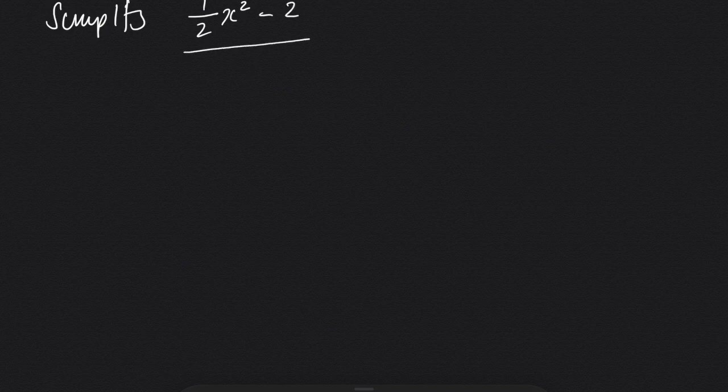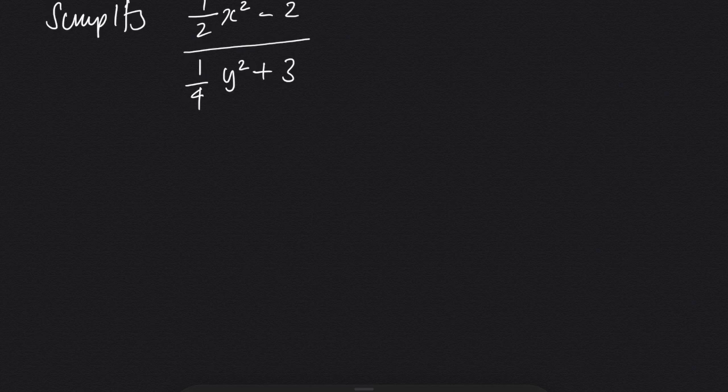Okay, so I whizzed through that one. I went quite quick. We're going to go on to something a little bit more tricky now. What happens if we have the question simplify a half x squared minus 2 all over a quarter y squared plus 3? Well, this looks a little bit of a mess and it's quite complicated. How can we simplify it? On the bottom here we have our smallest multiplier, which is a quarter.